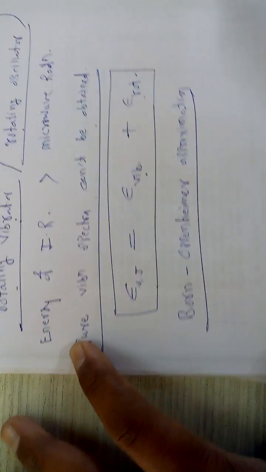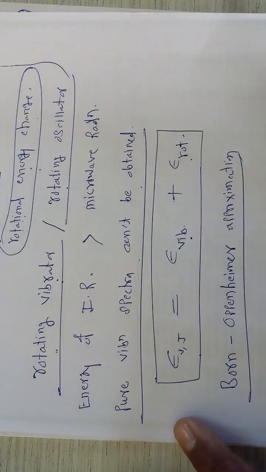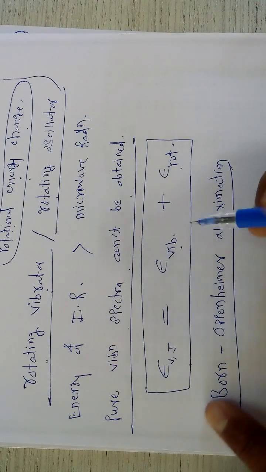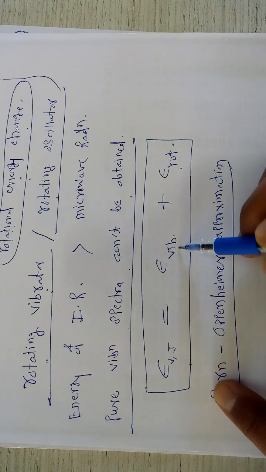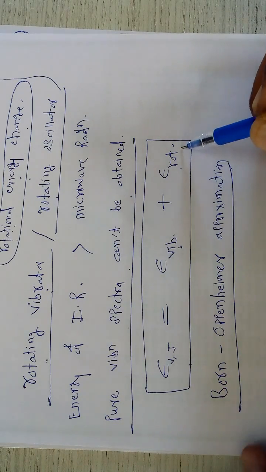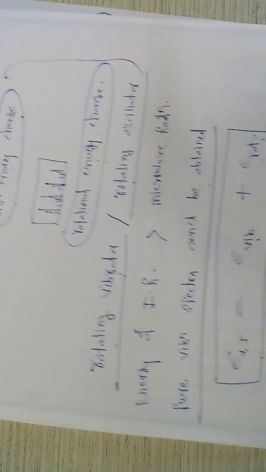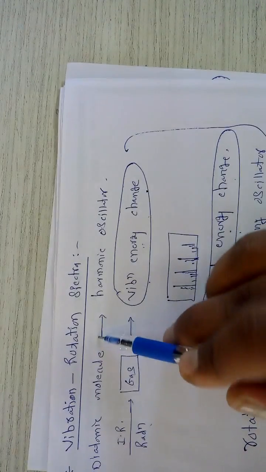So what is the meaning of this Born-Oppenheimer approximation? If we want to calculate the total energy of a rotating vibrator, it is nothing but the combination of its vibrational energy as well as its rotational energy change. So this approximation is the Born-Oppenheimer approximation, and this is nothing but the vibration rotation spectra.